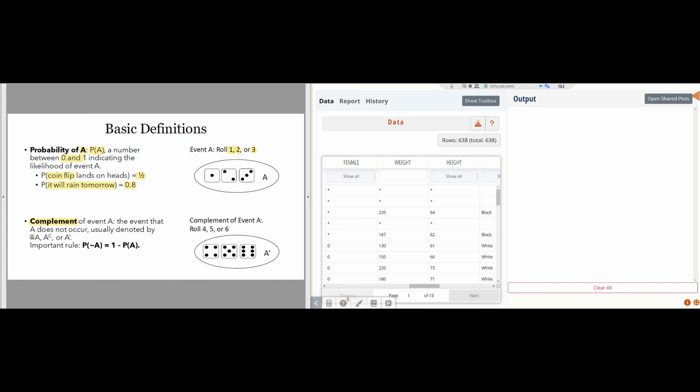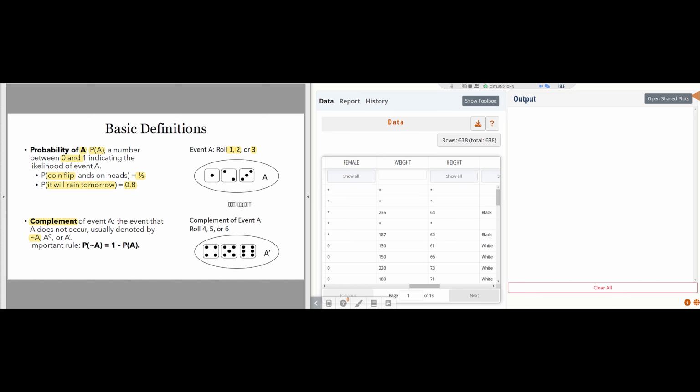The most common notation used to express the complement of some event is tilde of the event. So here, if we're talking about the probability that it's not going to rain, if we know that the probability that it is going to rain is 0.8, then the probability that it is not going to rain has to be 1 minus 0.8, or 0.2, or 20%.